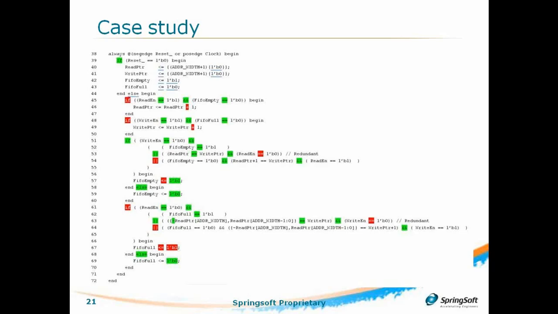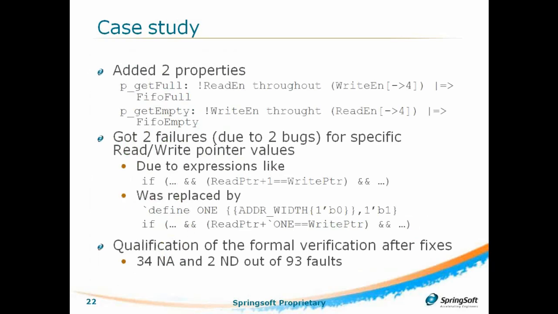So that was a little bit shocking again, and I decided to add two properties. This time those properties were not at all looking at the FIFO empty or FIFO full flag as an input, but only as a result of an action. So I parameterized the FIFO to be four deep and said that if I don't get any read enable while I'm getting 4 write enables, then I expect the FIFO full flag to be asserted.